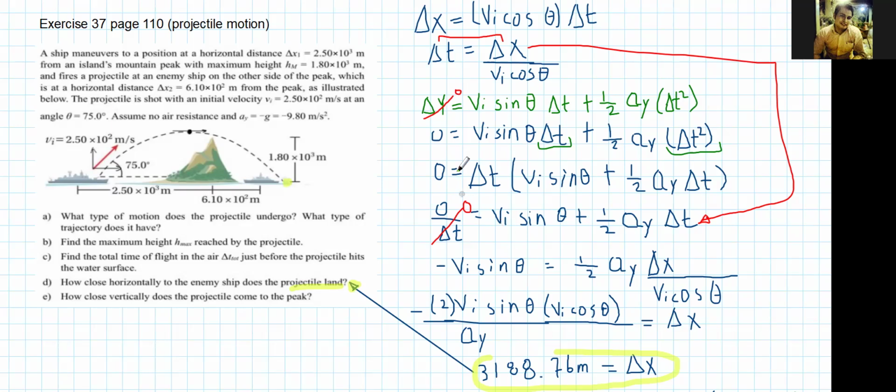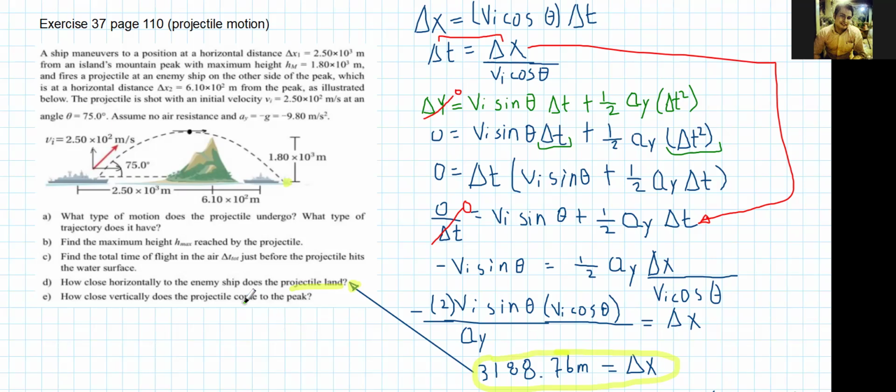So if this is 0, solving by this equation where the vertical displacement equals 0, with a common factor, everything that we saw during the class, here we have the answer: 3,188.76 meters as a horizontal displacement.